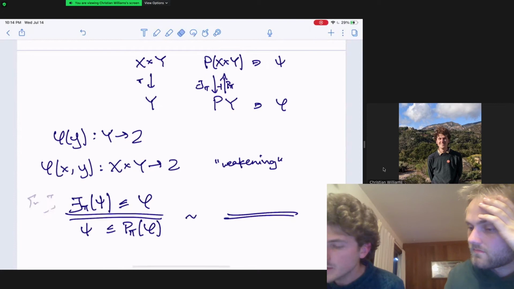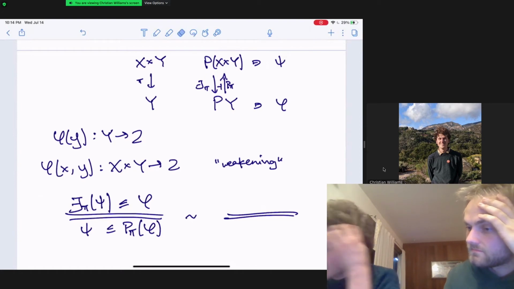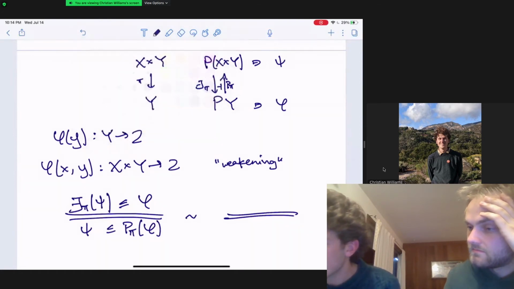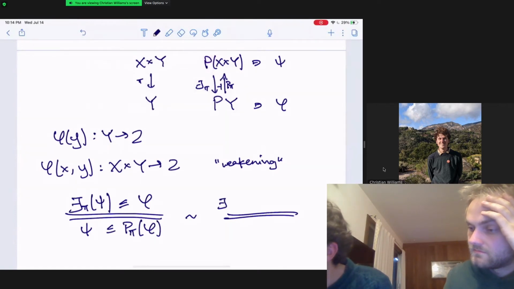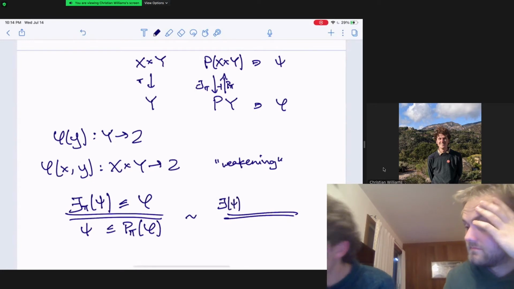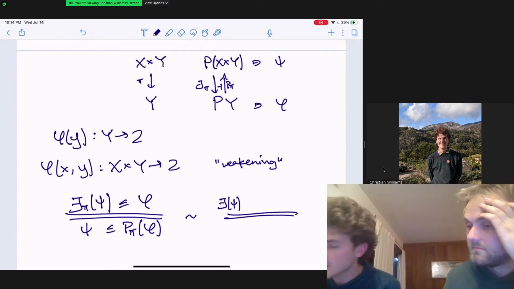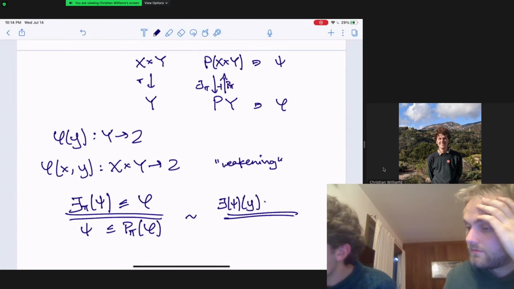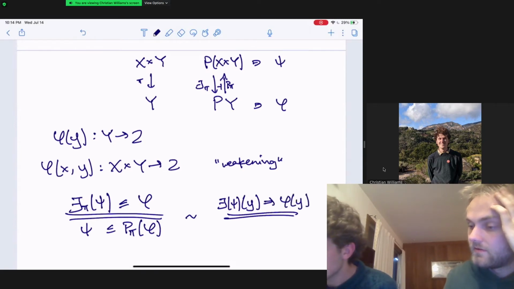What we should really be writing: there exists, psi is now a predicate on y. This implies phi of y, if and only if psi of xy implies this weakening of phi.